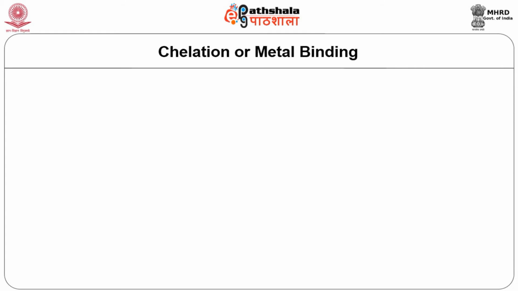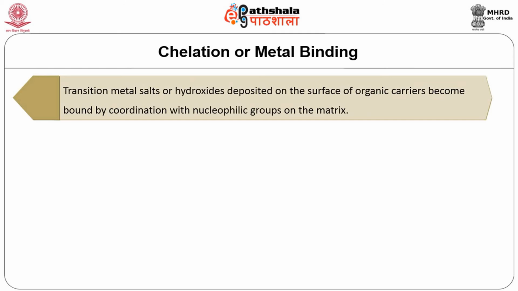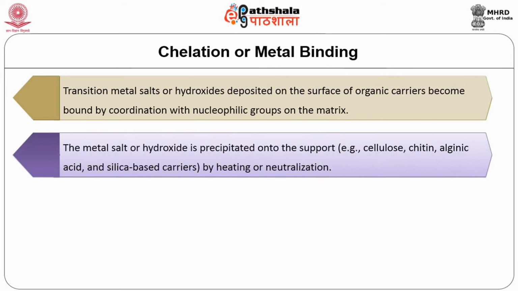Chelation or metal binding. Transition metal salts or hydroxides deposited on the surface of organic carriers become bound by coordination with nucleophilic groups on the matrix. Mainly, titanium and zirconium salts have been used, and the method is known as metal link immobilization. The metal salt or hydroxide is precipitated onto the support.